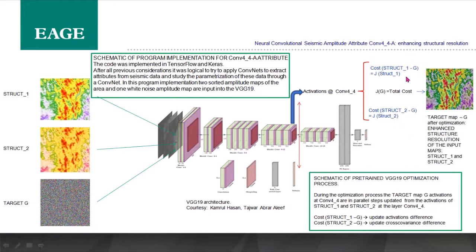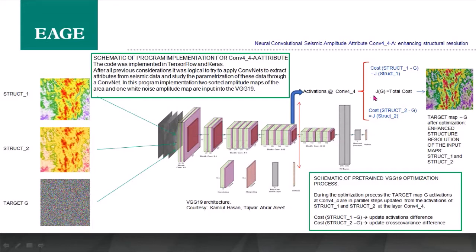Cost struct1g, that we call in the implementation JStruct1, updates the activation difference at Conv44 across channels. Cost struct2g, that in the implementation is called JStruct2, updates the cross-covariance difference of activations of struct2 and G across channels at Conv44.